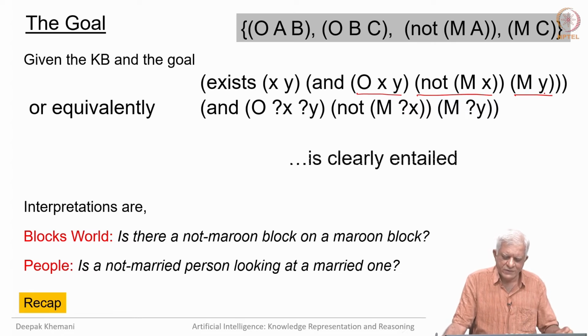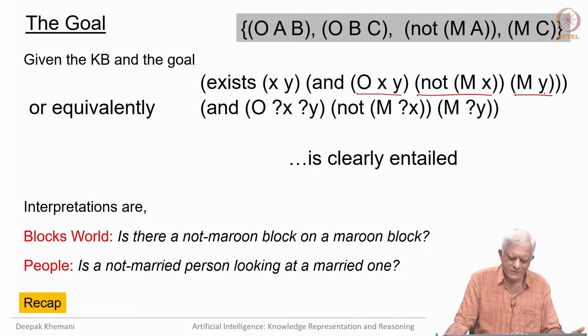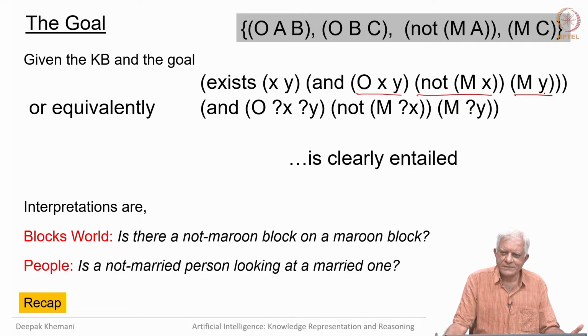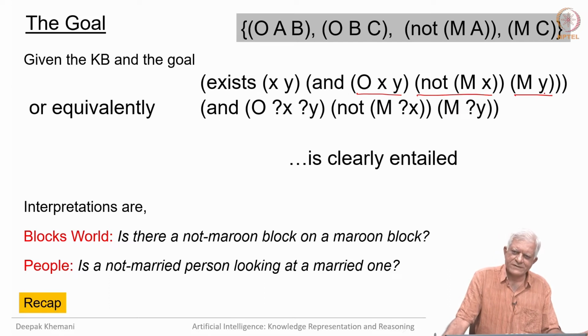And then I had asked you to think about this, that this is clearly true, that the answer is yes. We can discuss the answer, it can be in 2 cases. If the middle block, which is B, A, B, C, B is the middle block, there are 2 cases: B can be maroon or B can be not maroon. If B is maroon, then because A is on B, the statement is true. If B is not maroon, then because B is on C, the statement is true.